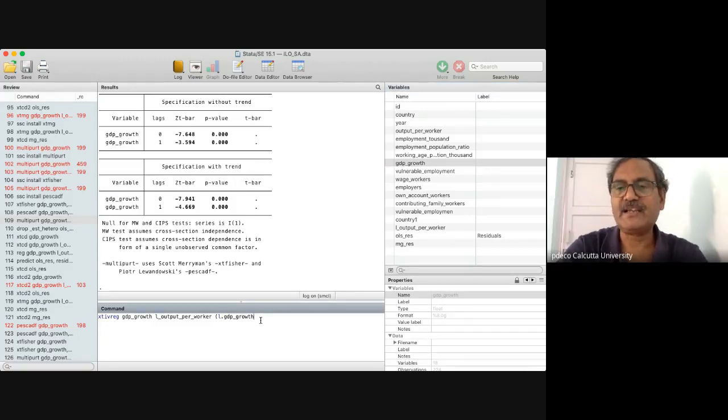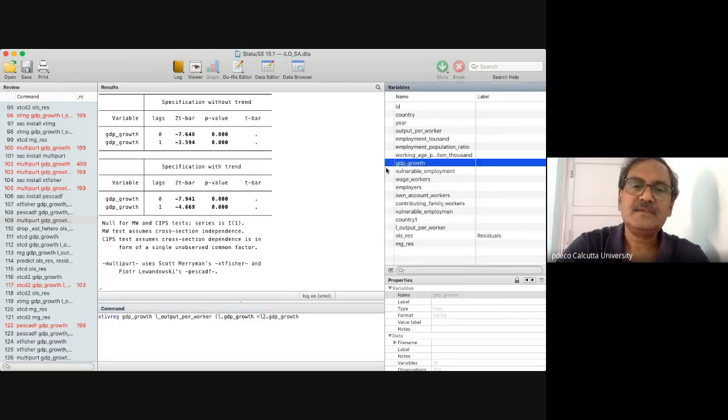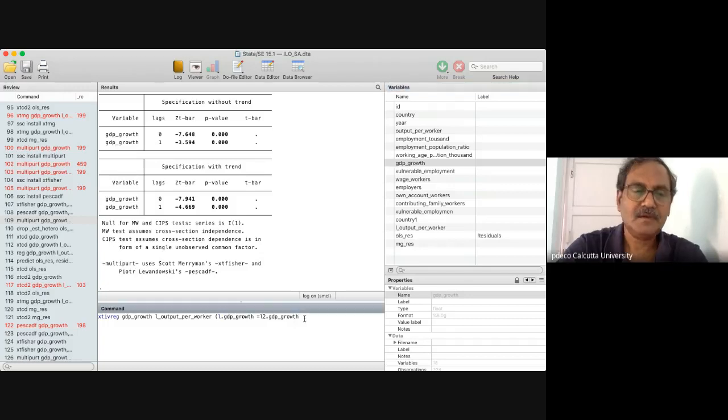What is the instrument we are using? y t-2. Just remember the model in Anderson-Hsiao. In place of the regressor y t-1, you are using the instrument y t-2. So L. GDP growth equals L2. GDP growth, bracket close.